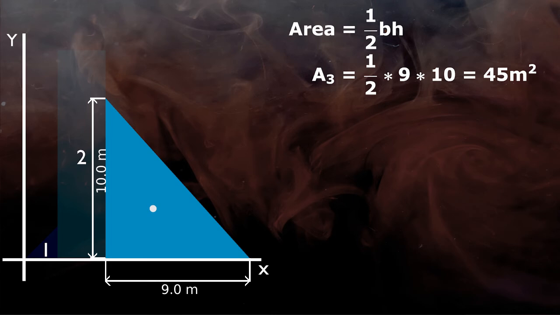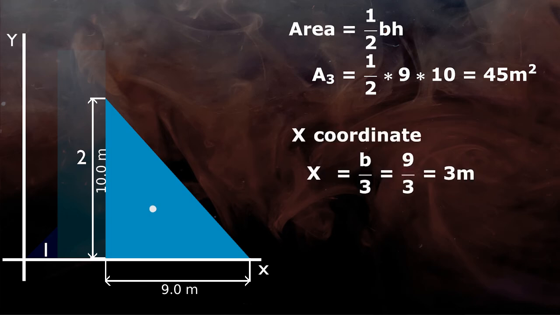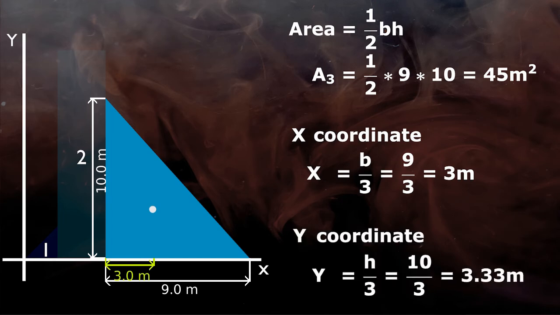Let's find the x and y coordinates in general. For this position of triangle, the x coordinate is width by 3, that is 9 by 3 equals 3 meter, and the y coordinate is height by 3, that is 10 by 3 equals 3.33 meter.